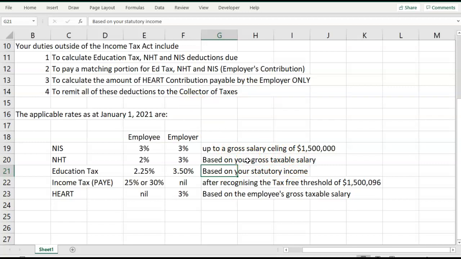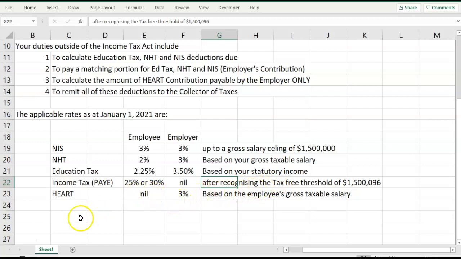And we will look at how that is done. And lastly, the most complex of the fact is the income tax, and the percentages are applied based on recognizing first certain things such as the tax-free threshold.